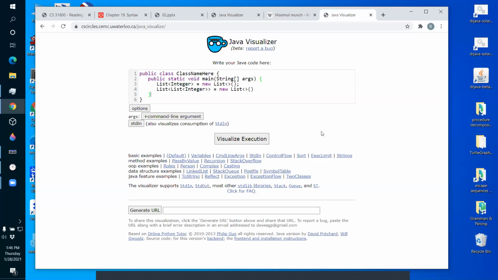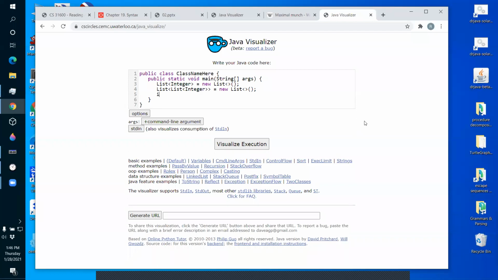But if you do it later on in your code, if you had something like int x equals y shift 2, that's the shift operator.